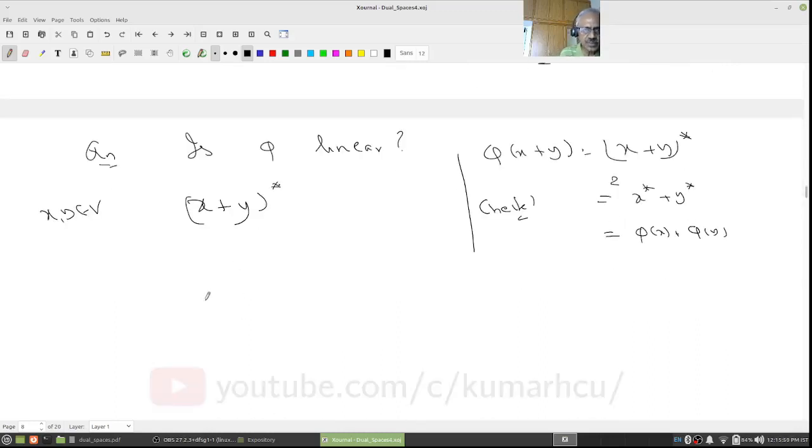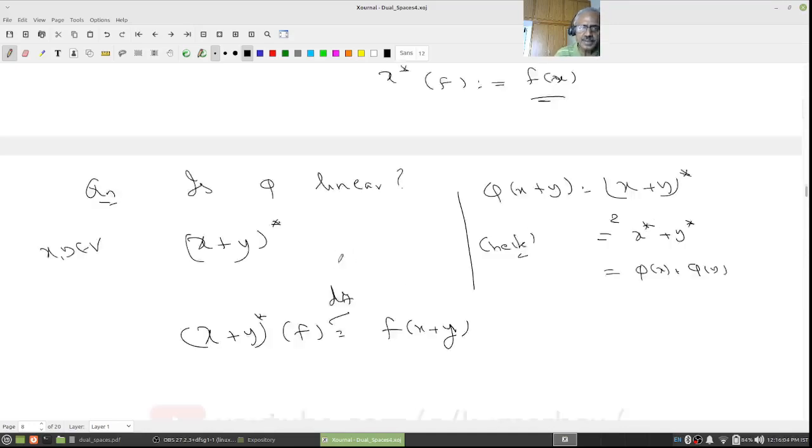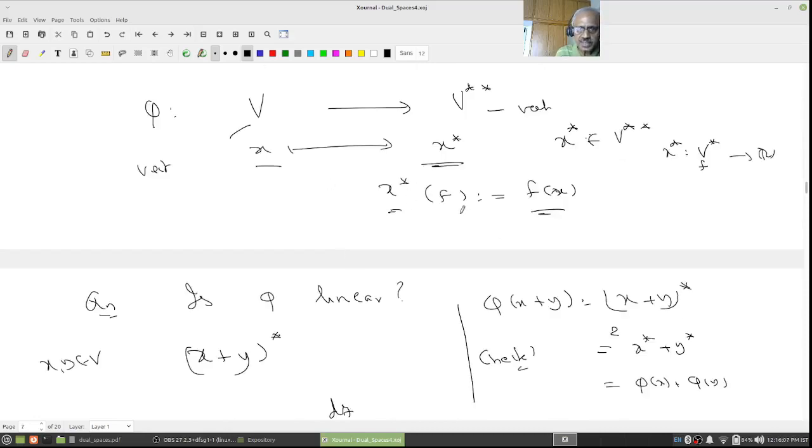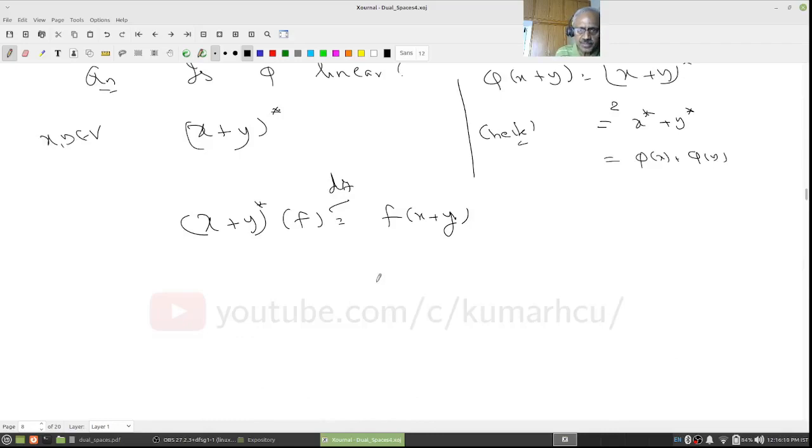Now let's look at what (x plus y) star of f is. That is going to be f of (x plus y) by definition. Remember, for any x, x star of f is f at that point. But f is linear, therefore it is f of x plus f of y, since f is linear. But this is x star of f plus y star of f.